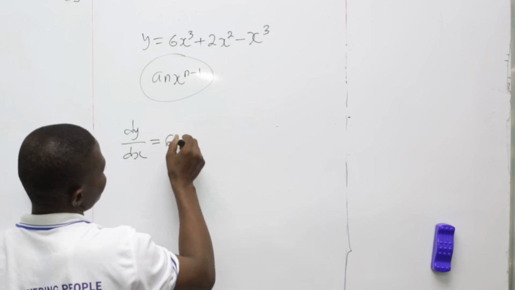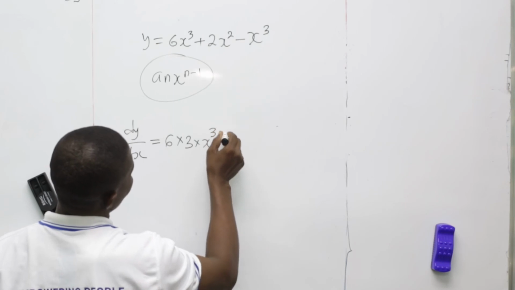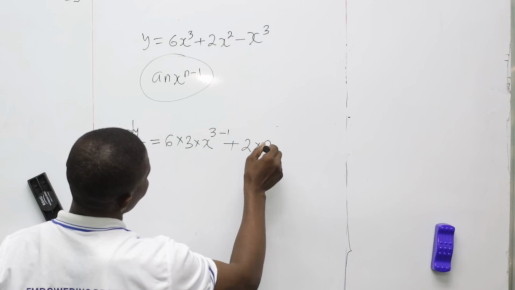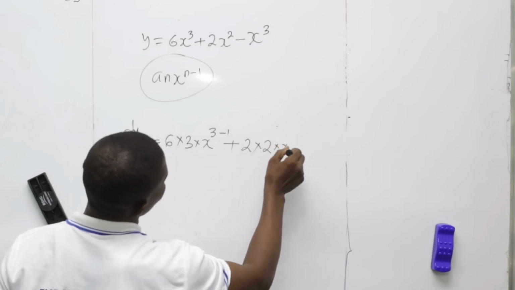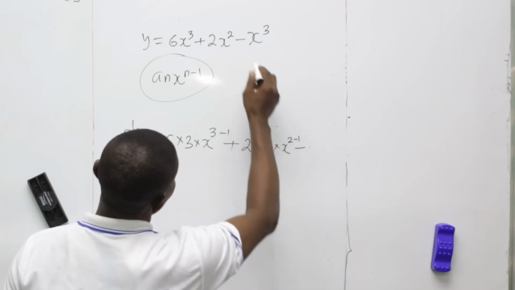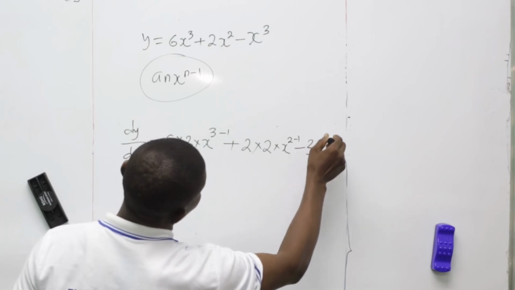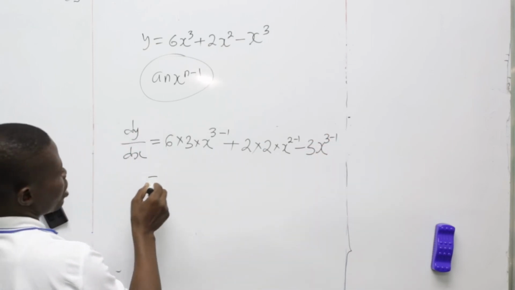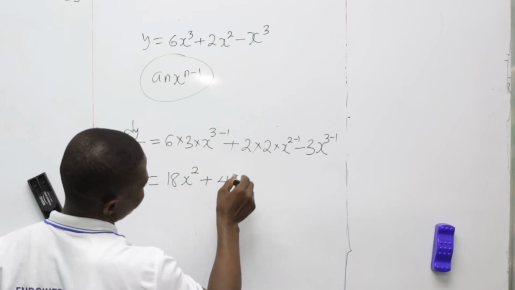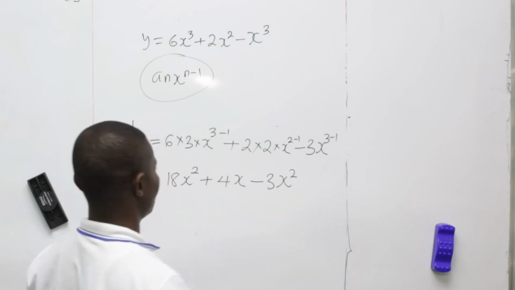It's normal differentiation, so you have to apply this formula by saying that dy ds, for the first one, a here is 6, the power is 3, multiplied by s, n is 3, minus 1, plus the second one, a is 2, the power is 2, which is n, times s raised to the power 2 minus 2, minus no a, but we have the power as 3, 3s, 3 minus 1. This will give us 18s squared plus 4x minus 3s squared.